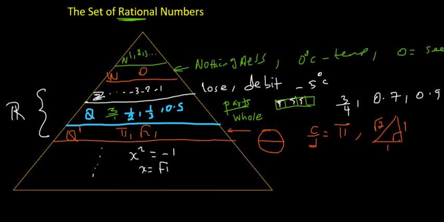This is the reason why we extend our numbers, from natural numbers to whole numbers, from whole numbers to integers, and so on. Complex numbers are two-dimensional numbers, but this is still incomplete.